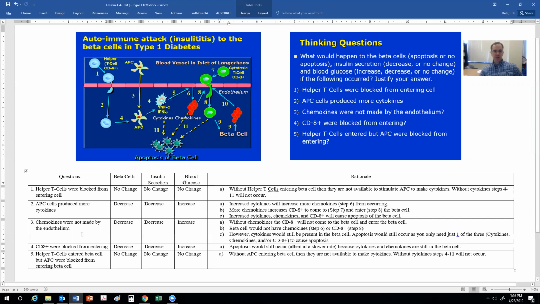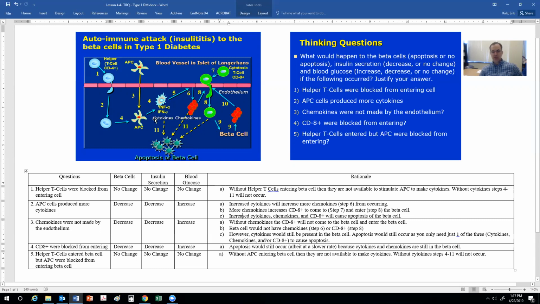What about if chemokines were not made by the endothelial layer? Without chemokines, the CD8 pluses would not enter the cell, and therefore you would have a reduction in the amount of CD8 pluses coming into the cell. So therefore, there would be a reduction in step 6, and step 8 would not occur. With a reduction in chemokines and CD8 pluses, that would reduce the ability of apoptosis.